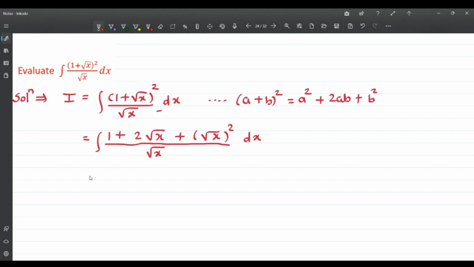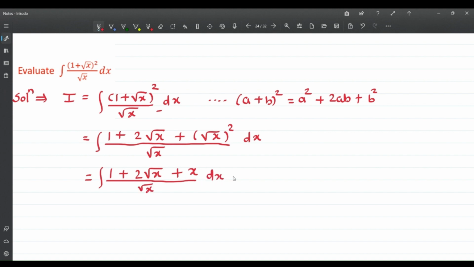Now first we'll simplify the numerator: 1 plus 2 root x plus (root x) bracket square, that is x. We can say it as this square and square root will get cancelled, divided by root x into dx.